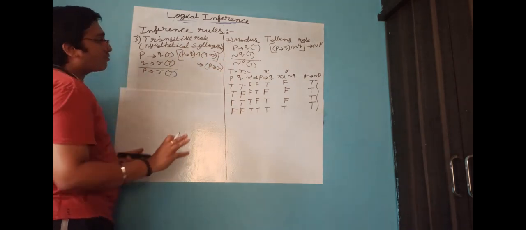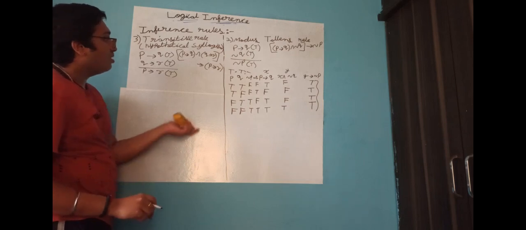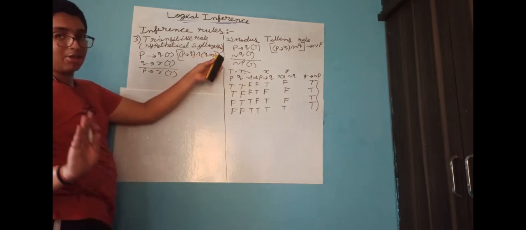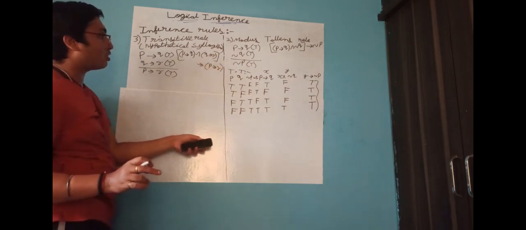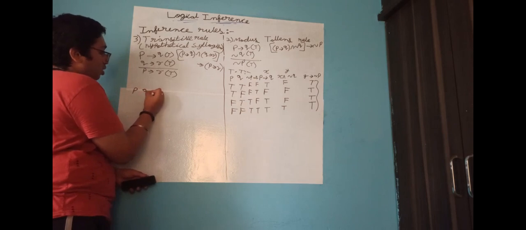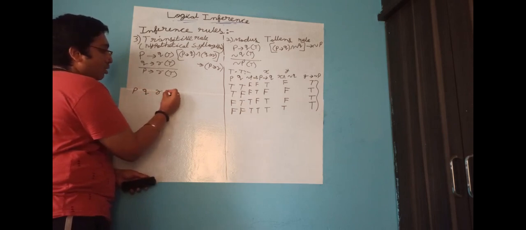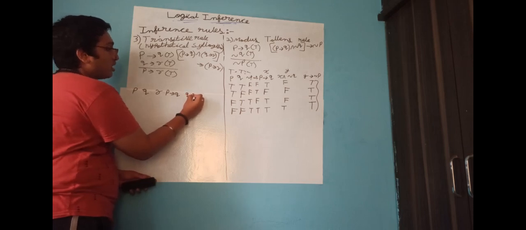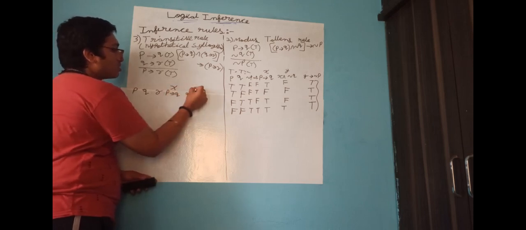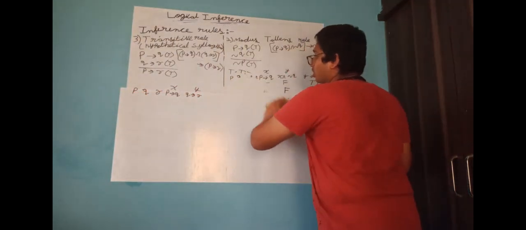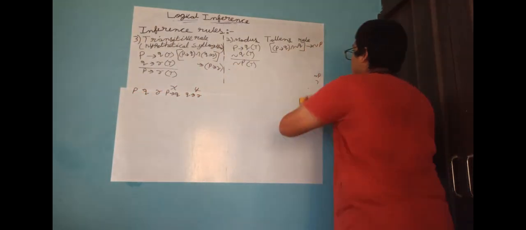First, the truth table here will be big. There are three statements, so you need to take 8 values and evaluate. P, Q, R, P implication Q, Q implication R, let it be X, let it be Y. I hope you have noted this. I am rubbing out because we need to draw a big truth table for this.